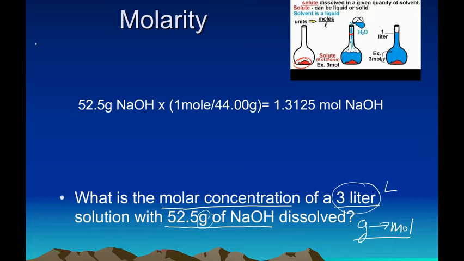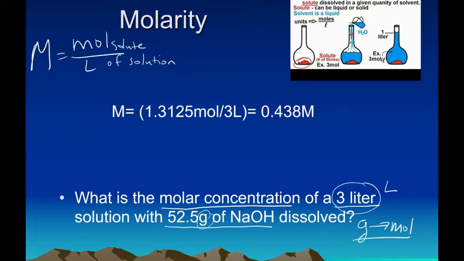Remember, molarity equals moles of solute divided by liters of solution. When I plug that in, I get 1.3125 moles per 3 liters. That gives me 0.438 molar. And then you would box your answer here.